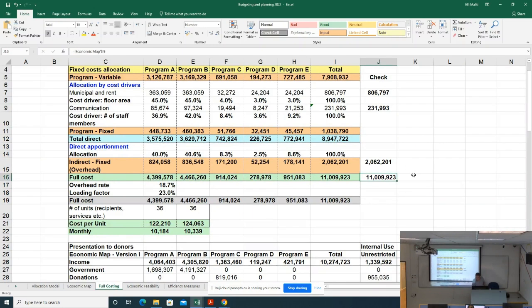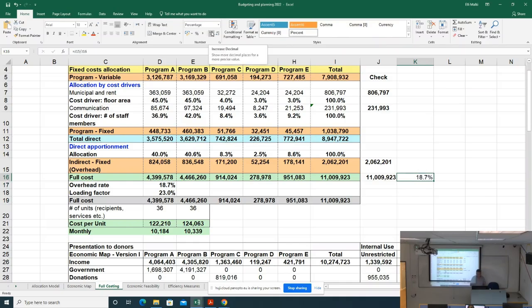So it is also possible to just do overhead divided by total expenses, and then change it to percentage, and we'll get exactly the same figure, 18.7%. This is our overhead rate based on definition number 2.